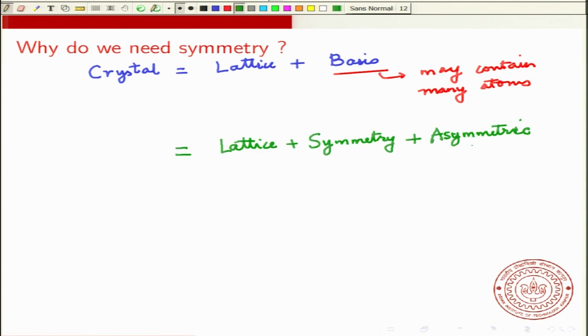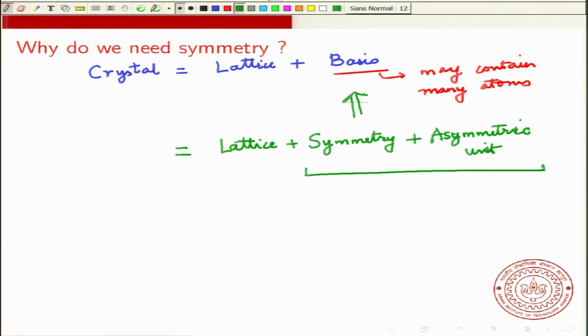This is like a smaller version of the basis. So you take the asymmetric part of the cell, you apply the symmetries, and then you do the lattice translations, and you should get the entire crystal.